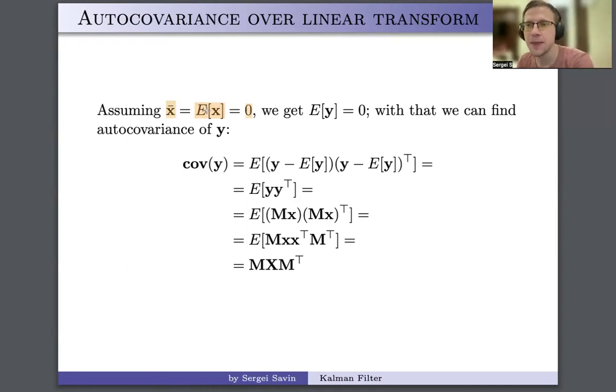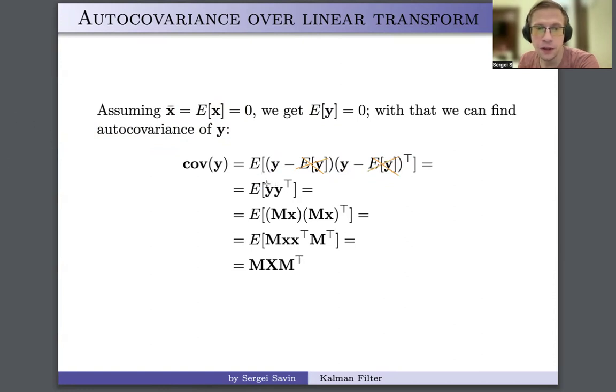That is all. Okay, so assuming that X bar is equal to 0, then we know that Y bar is also equal to 0. So mean of X, mean of Y, both 0. Let us find the autocovariance of Y. Autocovariance of Y is equal to the mean of (Y minus mean of Y) times itself as an autoproduct. But since we said that the mean of Y is equal to 0, this goes away, right?